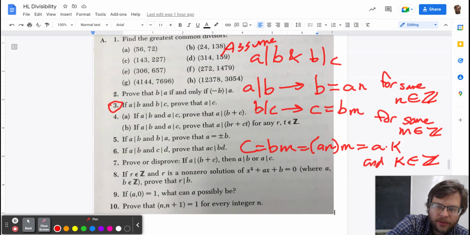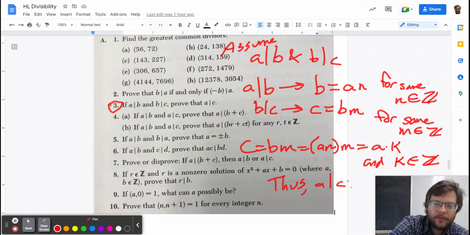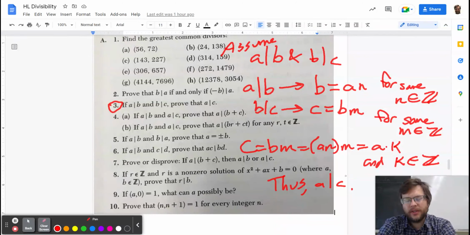And that proves that A divides C. Because when something divides another thing, that means there is an integer that you can multiply A by to make it equal C. And I proved that. N times M is an integer because both N and M are integers. So that's kind of the idea behind these proofs: you're using the definition, doing a little bit of algebra manipulation to prove what you want.